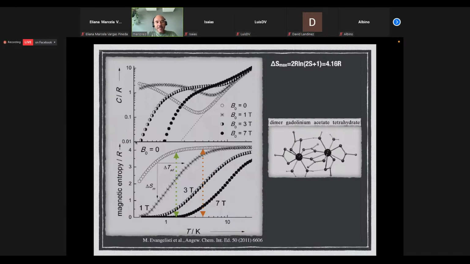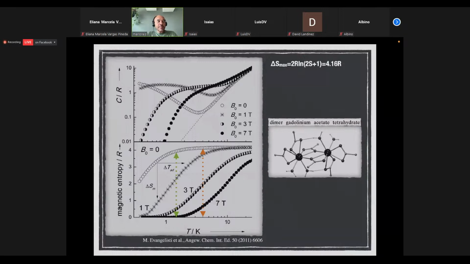Here is the specific heat for 1 dimer of gadolinium. It is from the literature. Here's the specific heat measured at very low temperature, below 1K, up to 10K, for 0, 1, 3, and 7 Tesla.